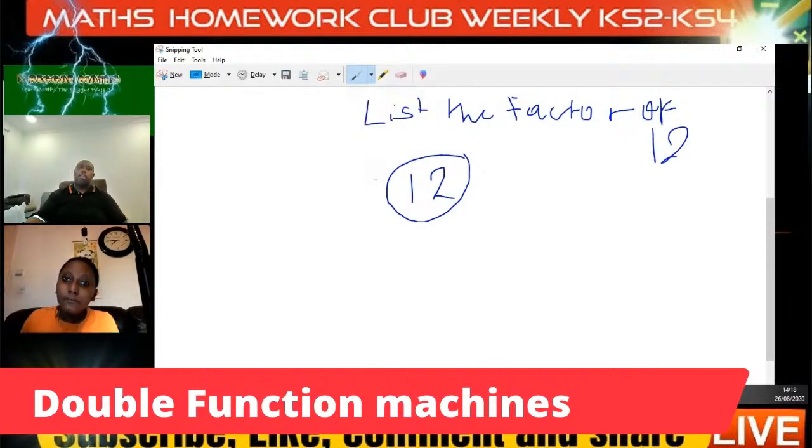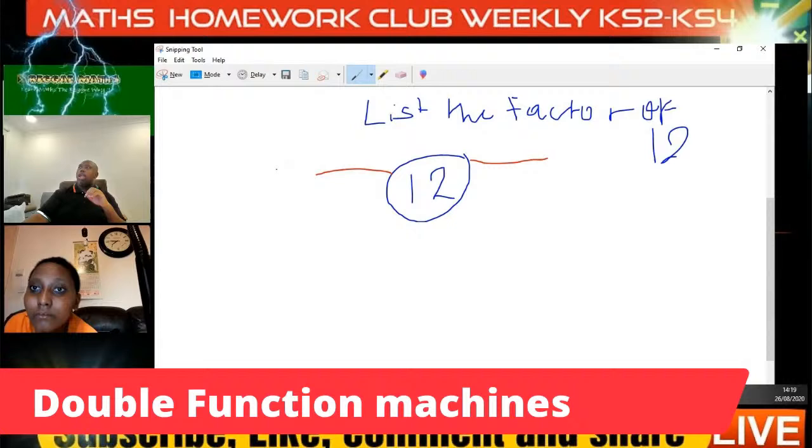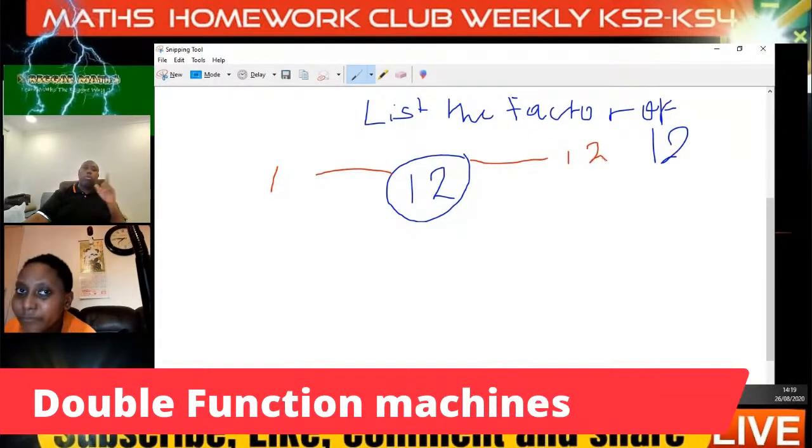No, Denzel, the factors are all the numbers that can go into 12 without leaving a remainder. So we always start off with 1 and 12. Yeah, because 12 can go into 12 one time, and 1 can go into 12 twelve times. What other number can go into 12, Denzel?